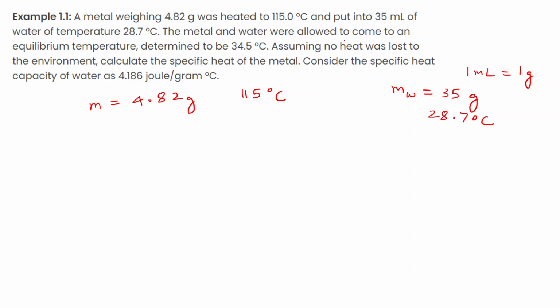The metal and water were allowed to come to equilibrium temperature, and that equilibrium temperature is 34.5 degrees centigrade. Assuming no heat was lost to the environment, means whatever the metal released, the same amount of heat was absorbed by the water. Calculate the specific heat of the metal.